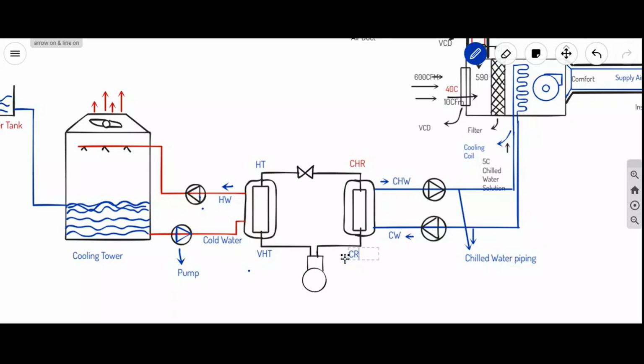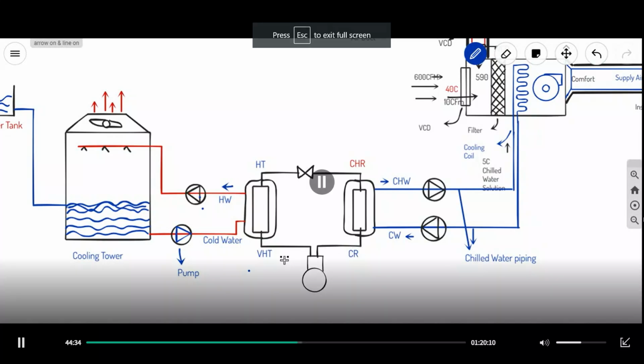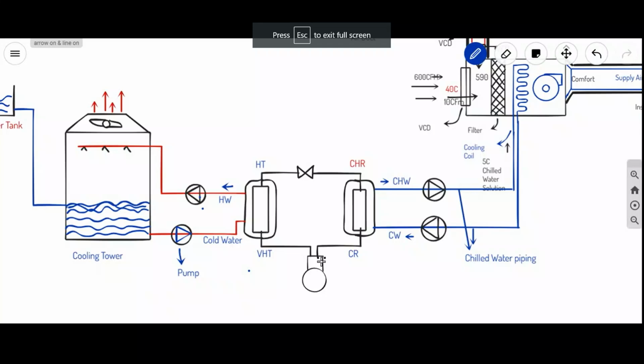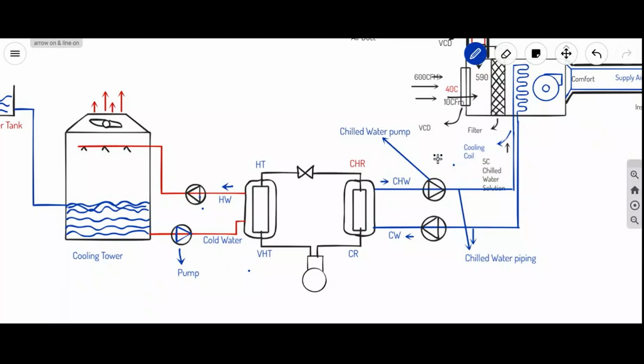This cold refrigerant again moves back to the compressor, which compresses it to very high temperature refrigerant. Now this chilled water is supplied by using a chilled water pump. Using the chilled water pump, we supply this chilled water.